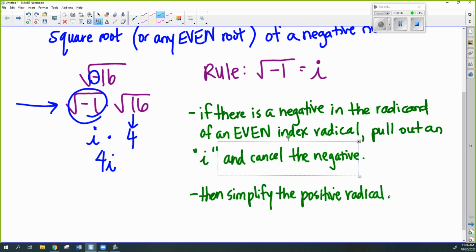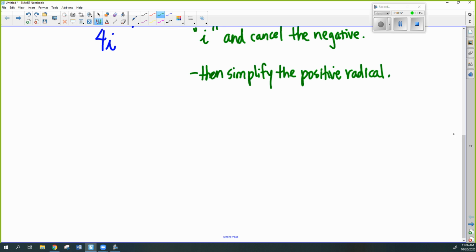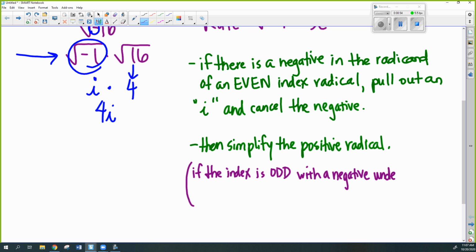Okay? Now, I do want to add a special note to this. Just a little special note. If the index is odd with a negative underneath the radical, the answer is just negative.